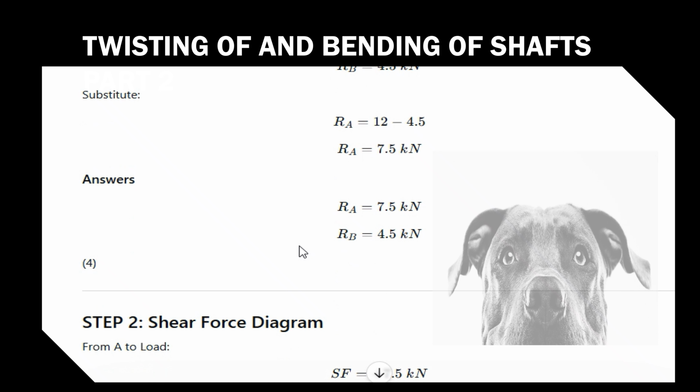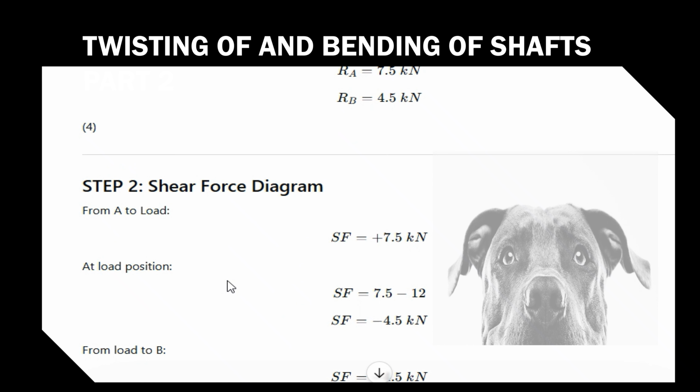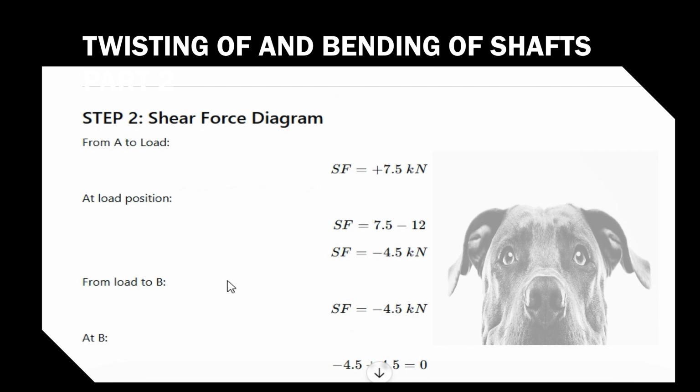Step number 2 is where you are going to calculate the shear force diagram. From A to the load, shear force equals positive 7.5 kilonewton. At the load position, shear force equals 7.5 minus 12. Shear force equals minus 4.5 kilonewton.